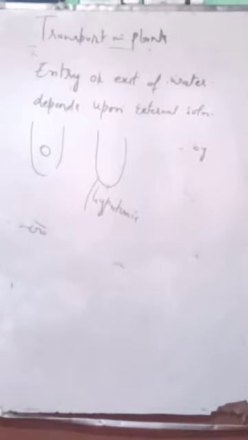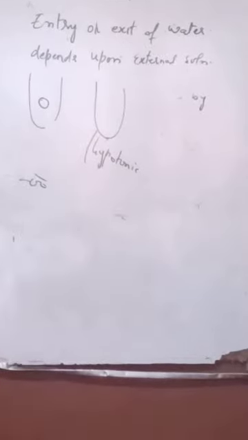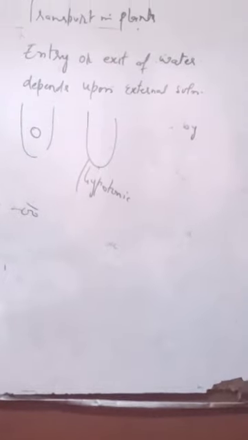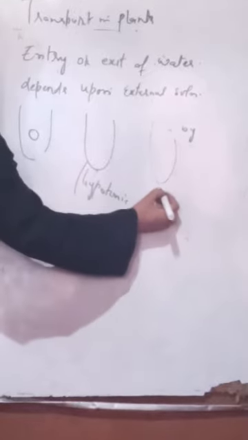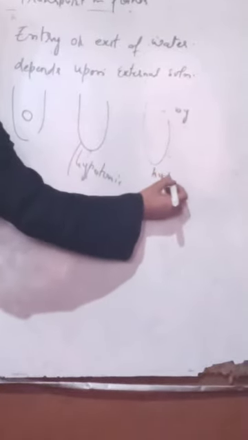In case of hypertonic, if the external medium is concentrated, then the movement will be from higher to lower, into the outside of the cell. So the cell will shrink, and it is called hypertonic.